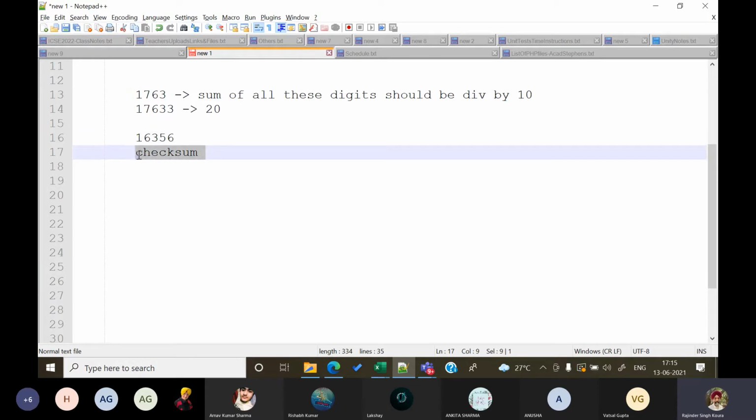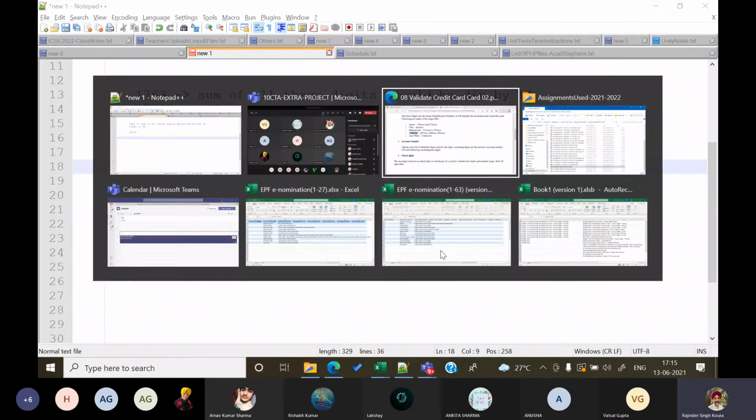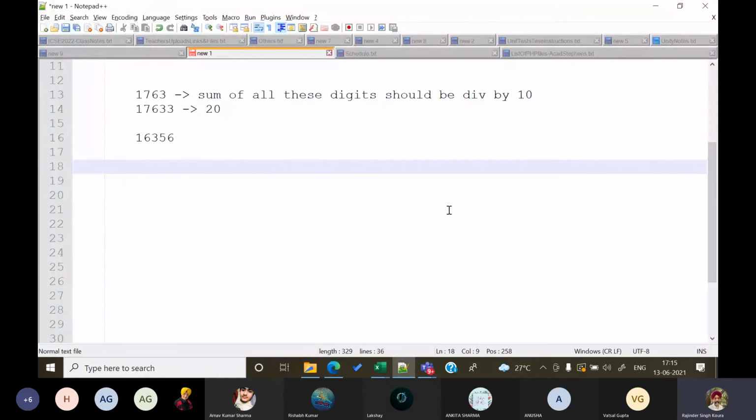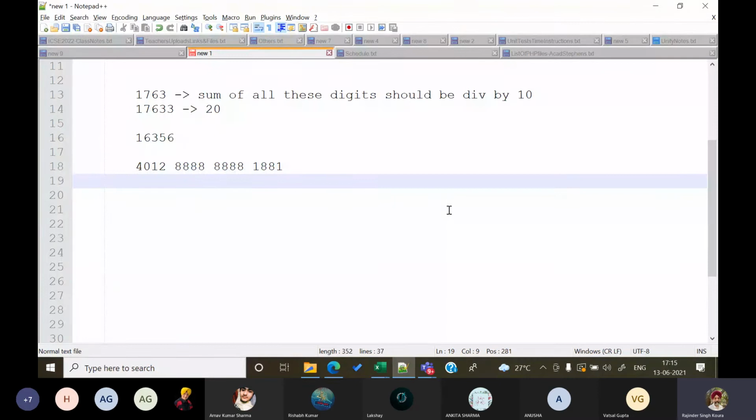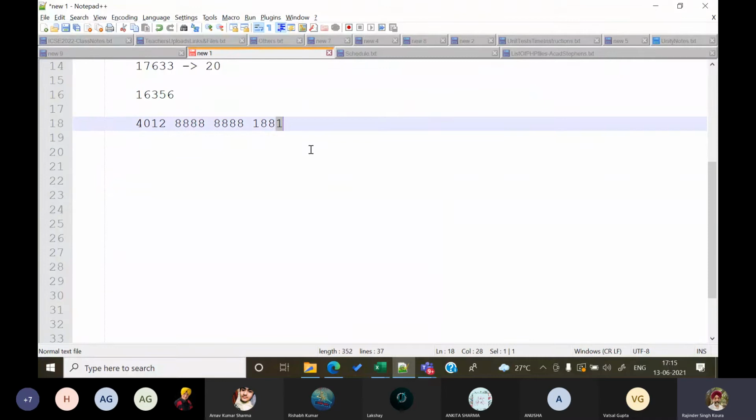What we are going to do now is with the credit card. Let us see the credit card now. The credit card number was 4012 8888 8888 1881. Okay, this is my credit card number. And this is a perfectly valid credit card number. This is the check digit.